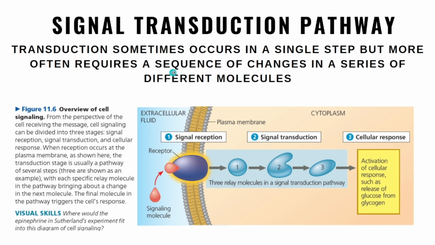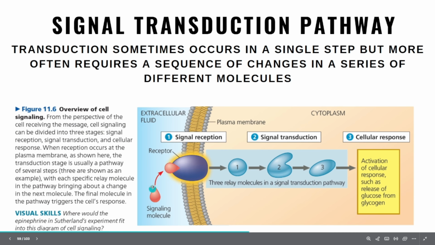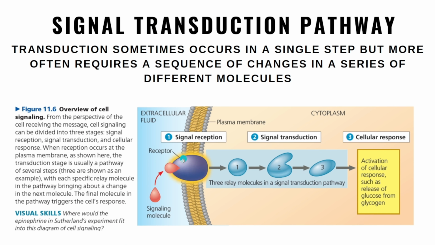So how does this happen? Normally for non-steroid hormone, you use the term signal transduction pathway. This is a general theory: the hormone binds to the receptor, which is signal reception.